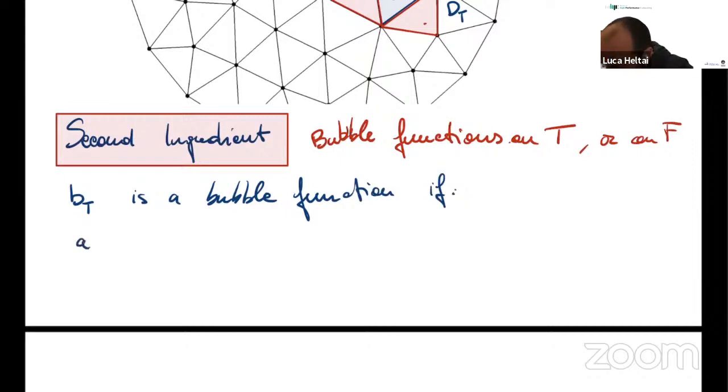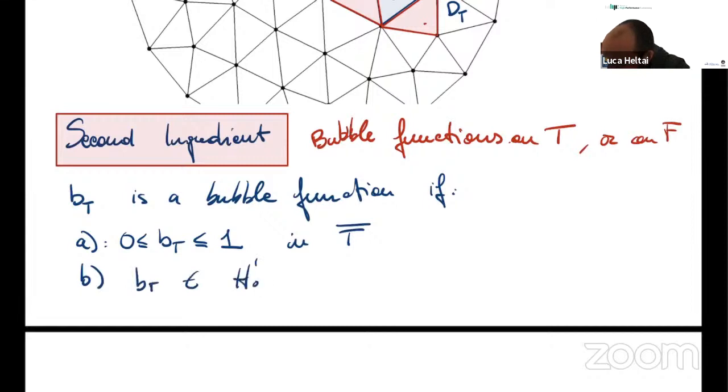Property number one, B_T is positive and the maximum of B_T is equal to 1 in T, in the closure of T. Second property, B_T belongs to H^1_0 of T. Okay.